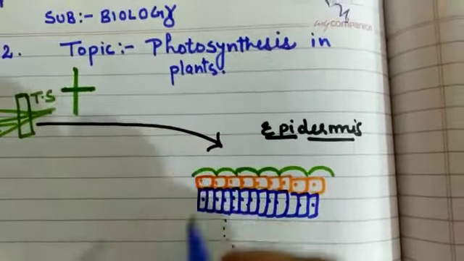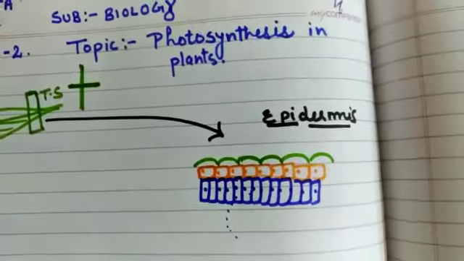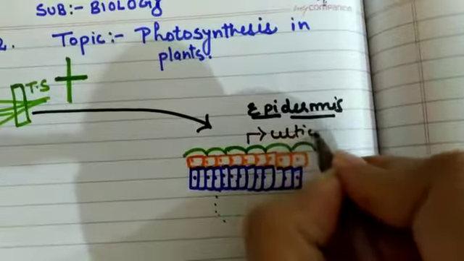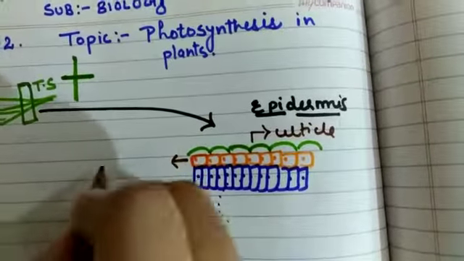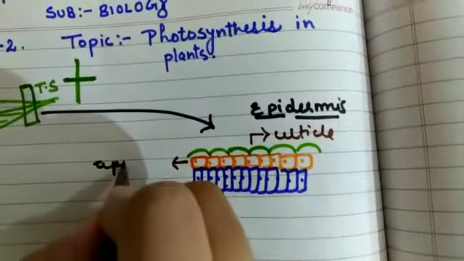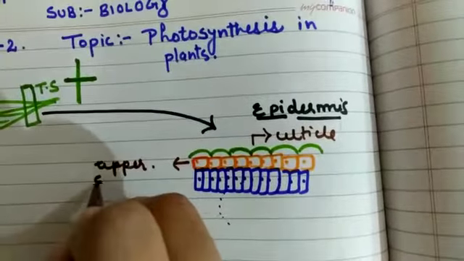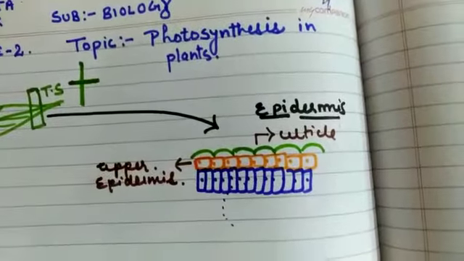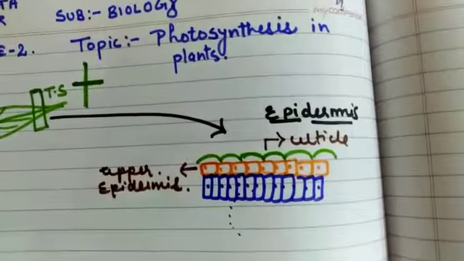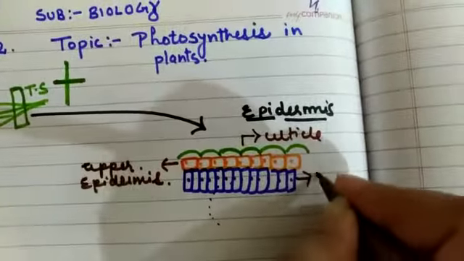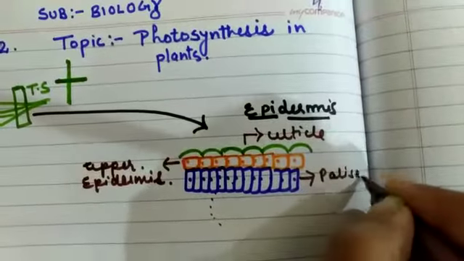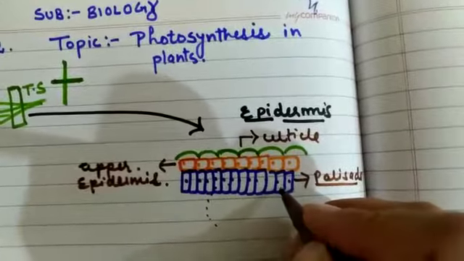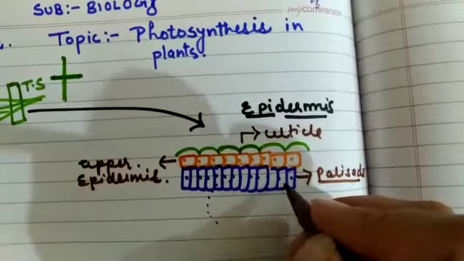This one is the cuticle, this one is the upper epidermis, and this one is the palisade cell. These palisade cells are green in color due to the presence of the pigment chlorophyll.